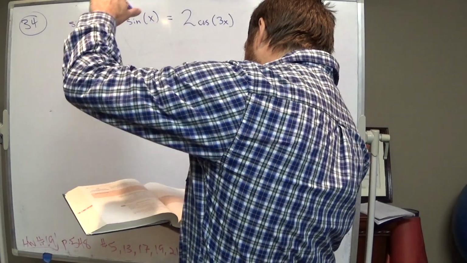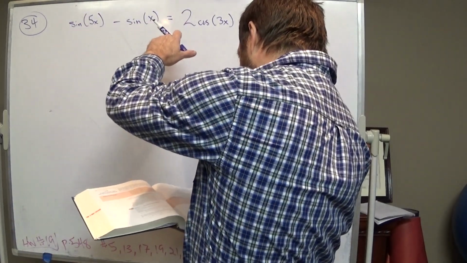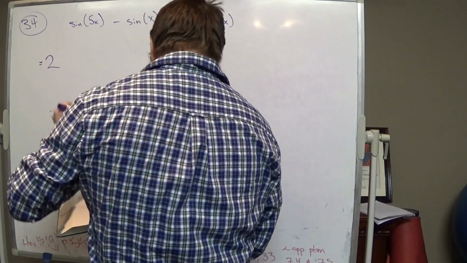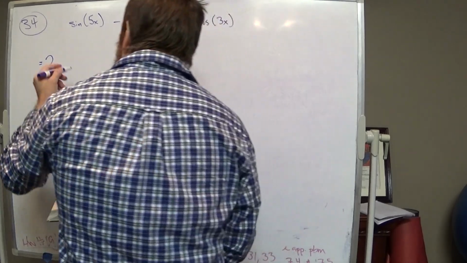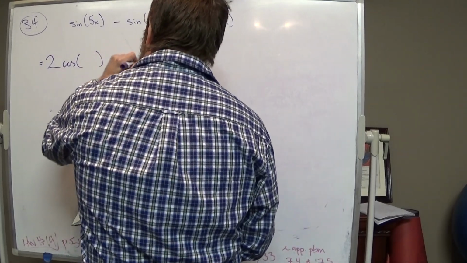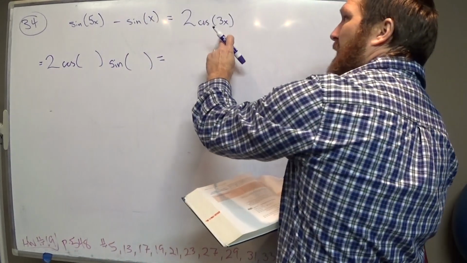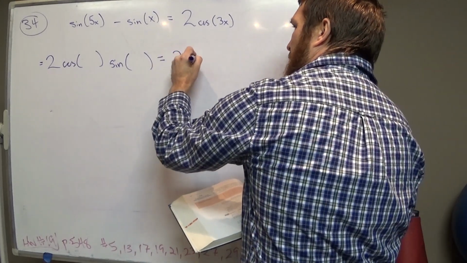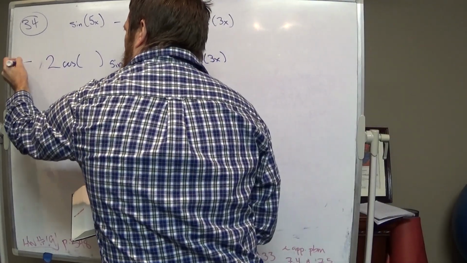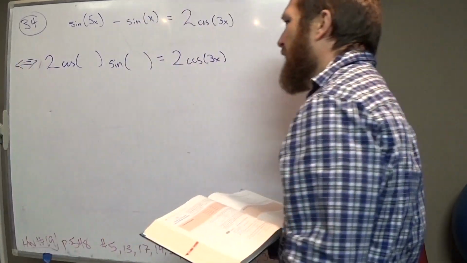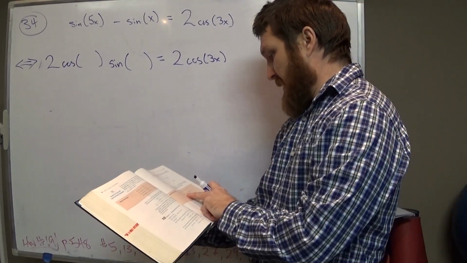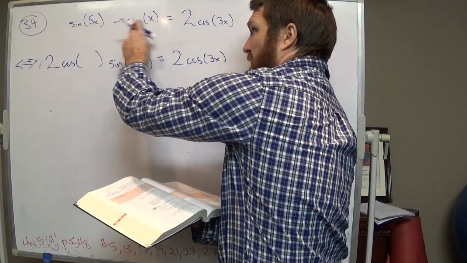We have sine something minus sine something is 2. So I'm just going to start with the left-hand side. This is the same thing as 2 cosine sine. Now I'm going to go ahead and copy this part down so I don't forget it and mess that up. Okay, so this is the same thing as that. Now for this, the A is that and the B is that.